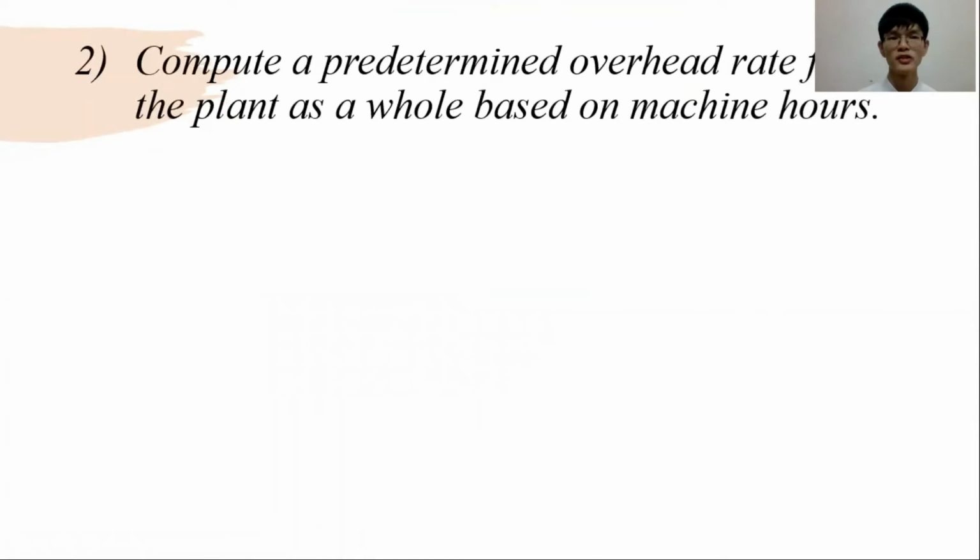Next, the second question requires us to compute a predetermined overhead rate for the plant as a whole based on machine hours. The formula to compute POHR for the plant is to divide the estimated total manufacturing overhead cost for the coming period by the estimated total units in the allocation base for the coming period, which is machine hours in this question.